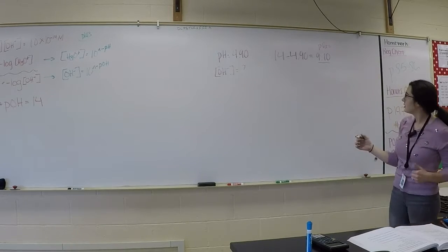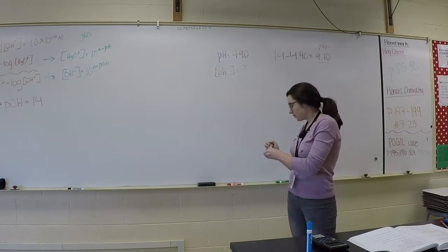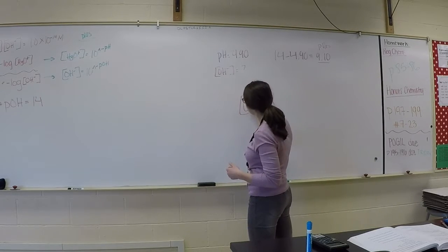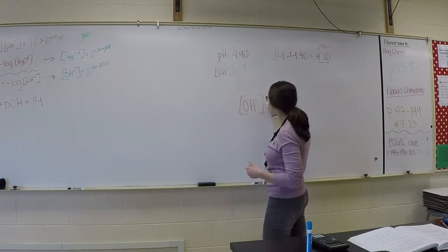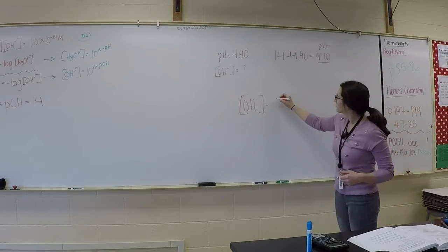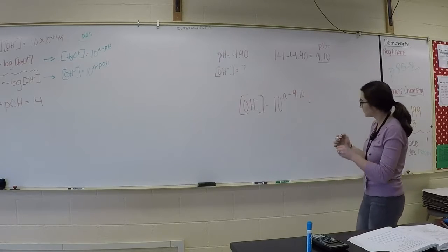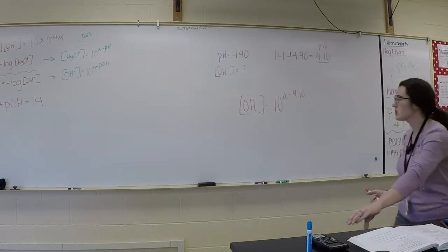So then we can use our antilog equation, antilog of the negative 9.10 for our pOH.